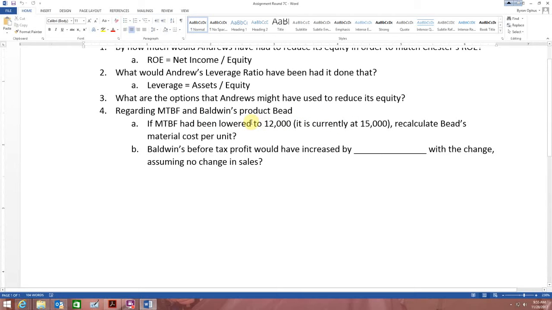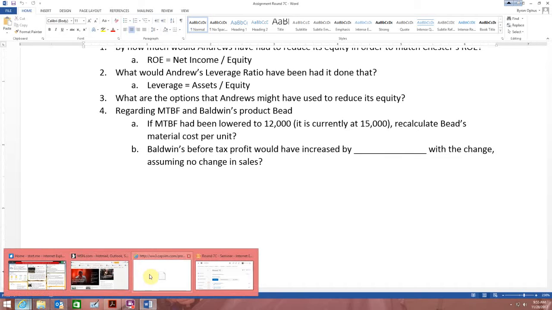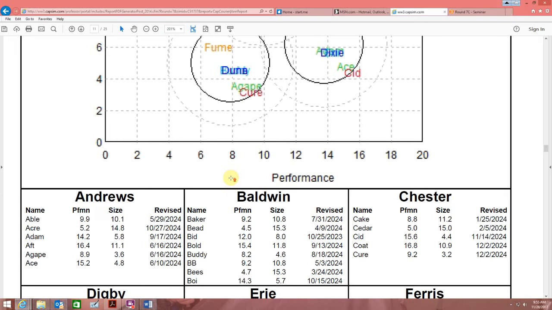I'm sure you've been reading that all along, but it tells you in there what the cost of MTBF is, I think per 1,000 units of MTBF.